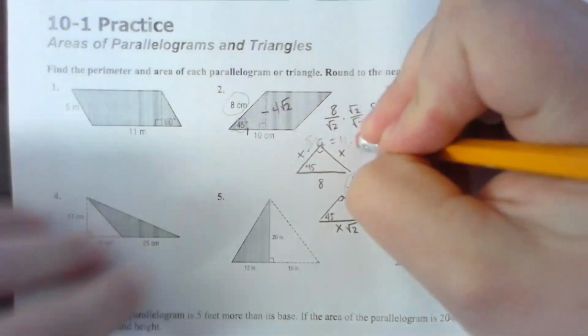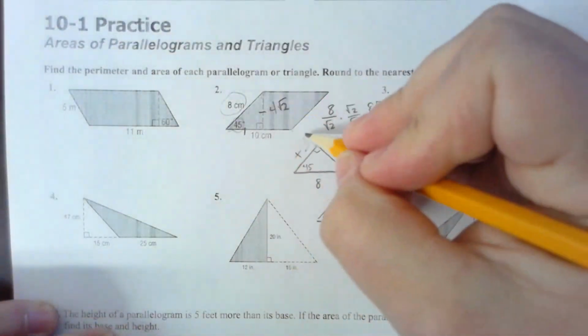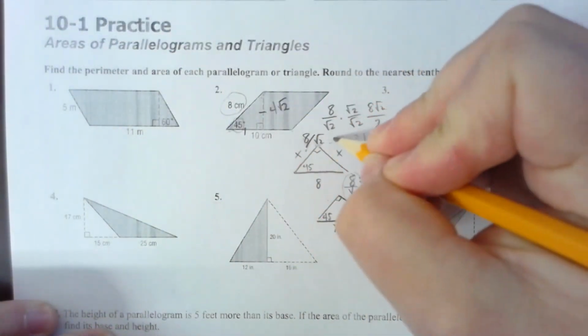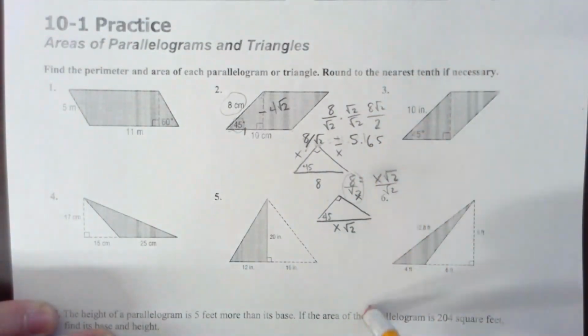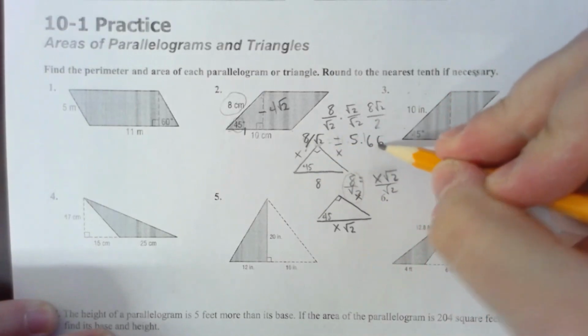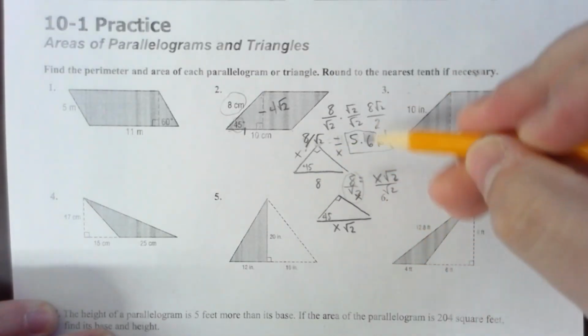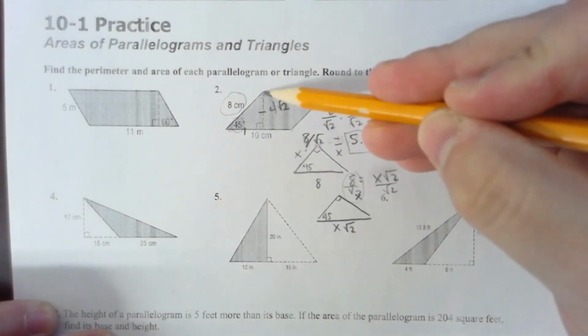There, that's going to be better. Caught that. 8 divided by the square root of 2 equals about 5.656, and well, let's round here to the hundredths place. So this is the value, or it's equivalent to 4 root 2, this side.